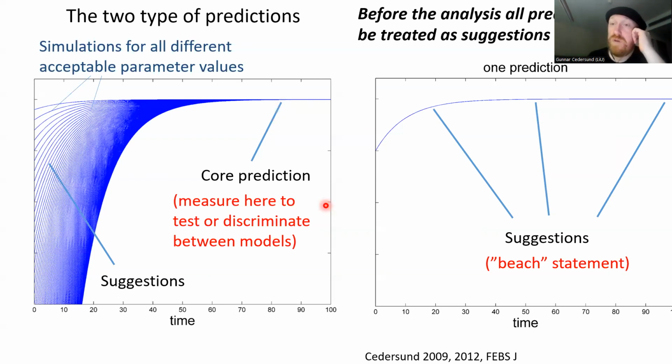So if they are both acceptable, they can both describe all of the data that we have, you know that if you do this one experiment, you measure this one time point, then you will be able to distinguish between the models. Something you cannot do right now.